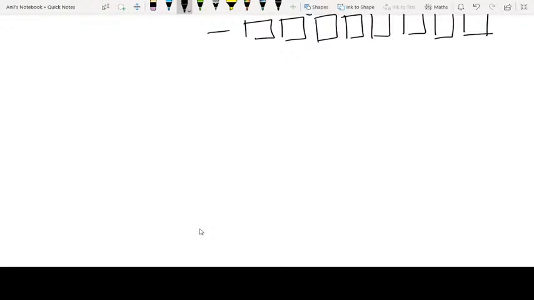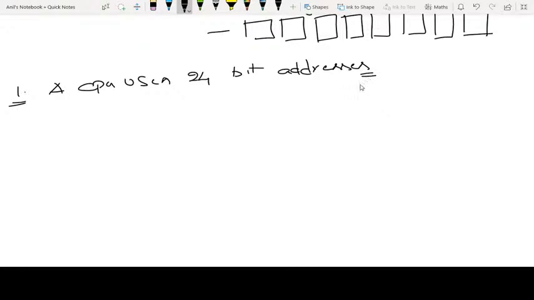Now again, we'll solve another question which is based on direct mapping. Let us say that a CPU uses 24-bit addresses.